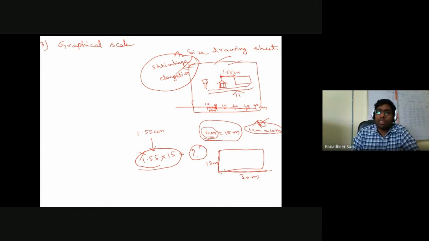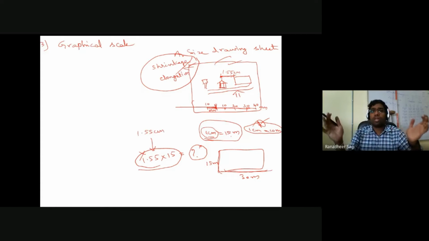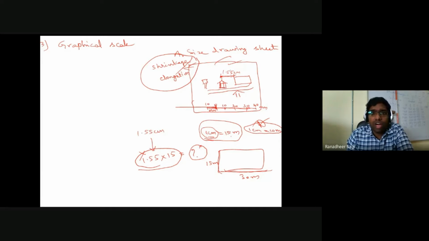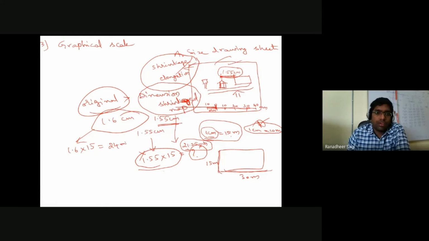So once the dimensions are not correct, what has happened? Let's say, for example, the map got shrunk. Once the map got shrunk, the 1.55 centimeter dimension you have measured in your map, upon conversion, 1.55 into 15, gives 24 meters.